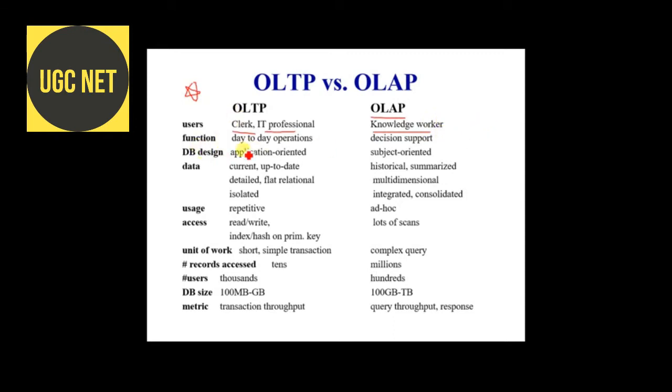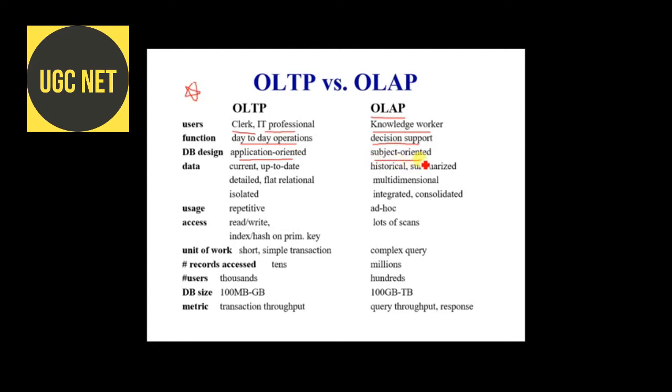The function of OLTP is day-to-day operations, for example in the banking industry. In OLAP it is decision support, for example in defense or in research laboratories. The database design in OLTP is application oriented, for example SBI anywhere, but in OLAP it is subject oriented.